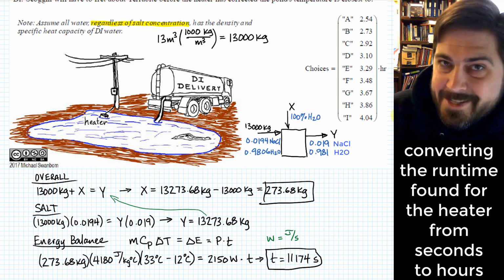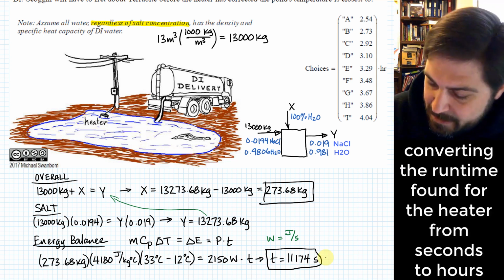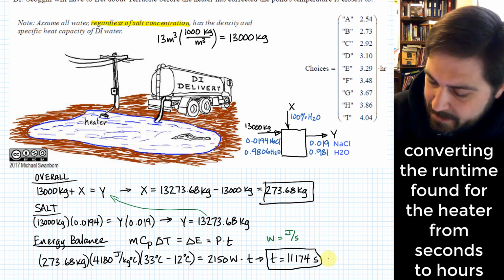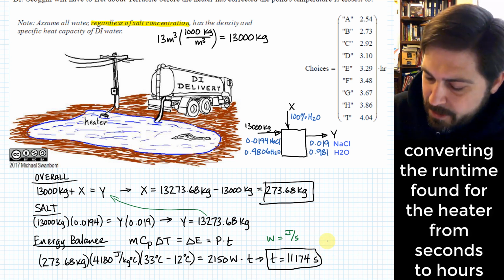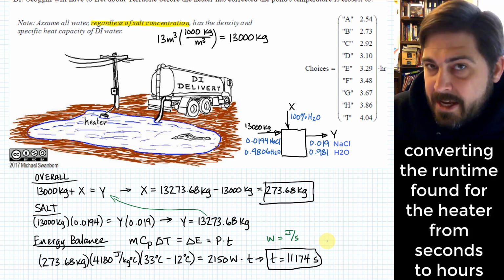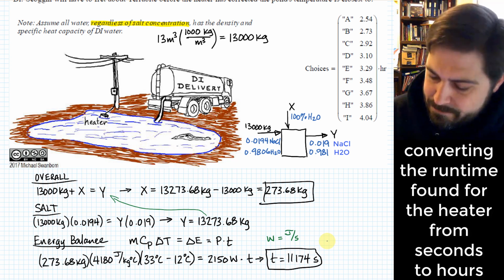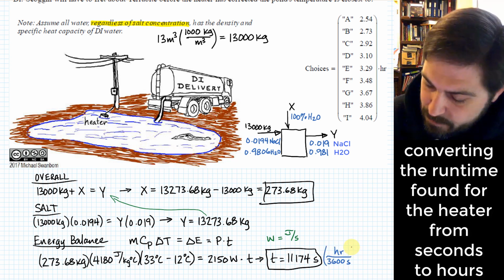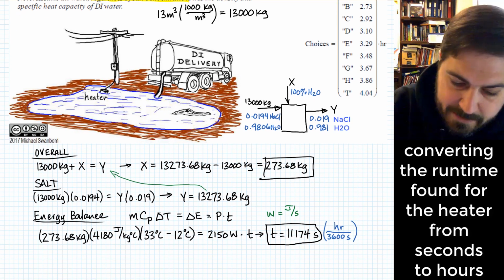Well, that's not hours, so we need to do another conversion to get this to hours. If you're not familiar with it, it's 60 seconds in a minute and 60 minutes in an hour, so we come up with 3,600 seconds in 1 hour.